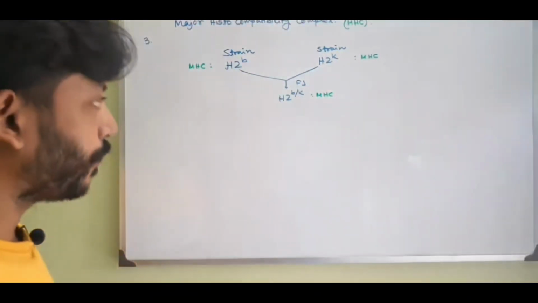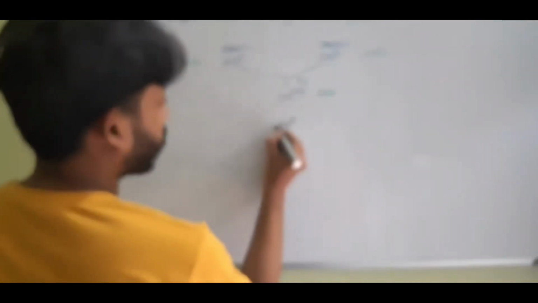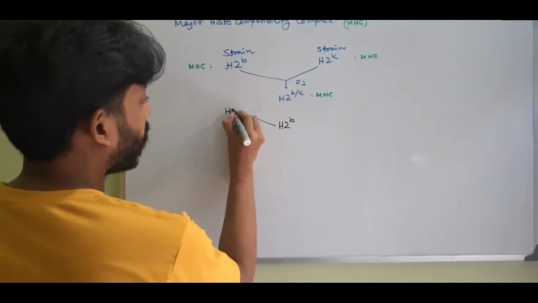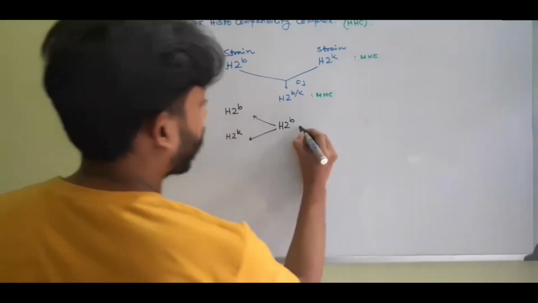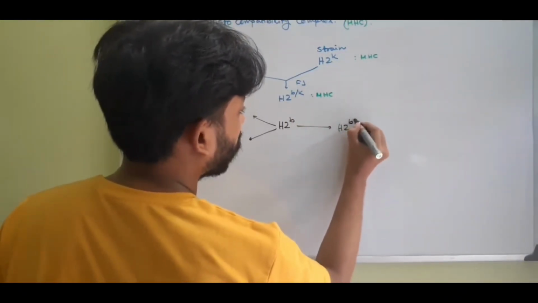Now they performed a very simple experiment. They transplanted tissue from H2B mice to the H2B strain, the H2K strain, and also to the F1 generation, H2B and K.